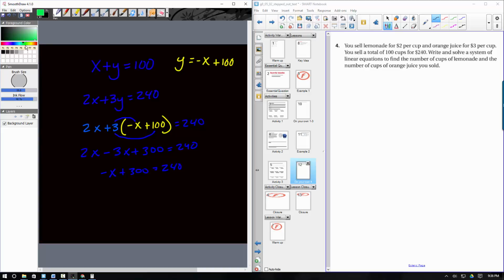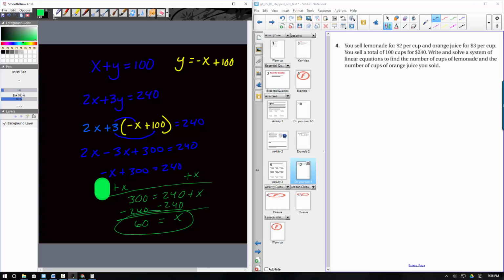The way I'm going to do it this time is I'm just going to add x. So I'll say plus x. If I rewrite this, I'm going to have 300 equals 240 plus x. I'm going to subtract 240 from this side, subtract 240 from this side, and now my positive x equals 60.